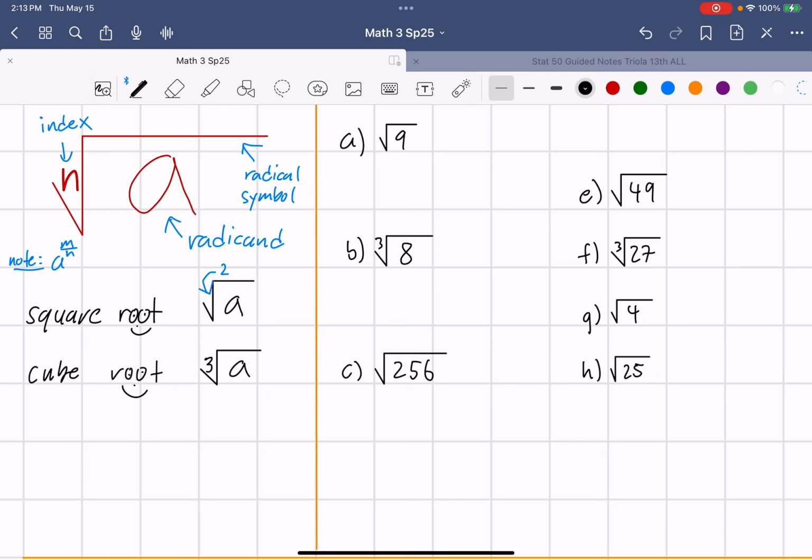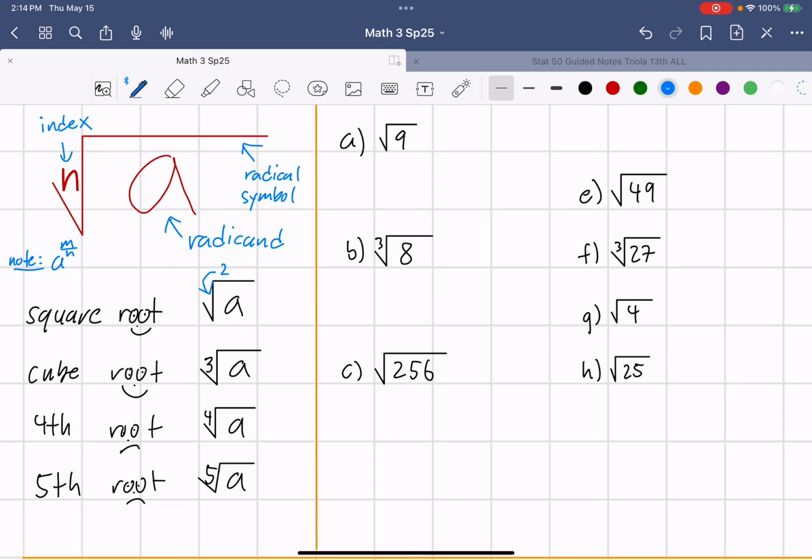And those are the only two that have special names, because after that you would just say 4th root, 5th root, 6th root, 7th root, 8th root, and so on and so forth. They don't have any special name. But you make sure you write the appropriate index in that wedge of the radical symbol.